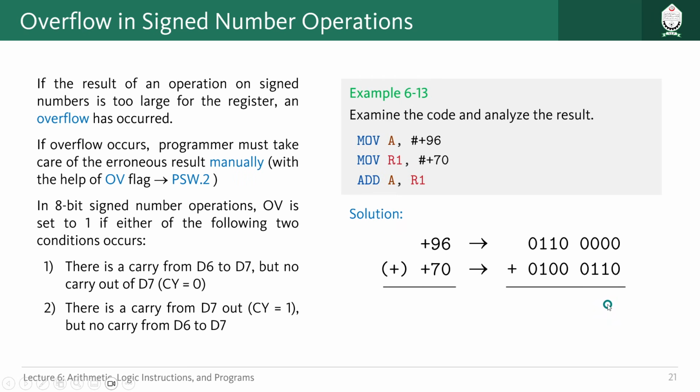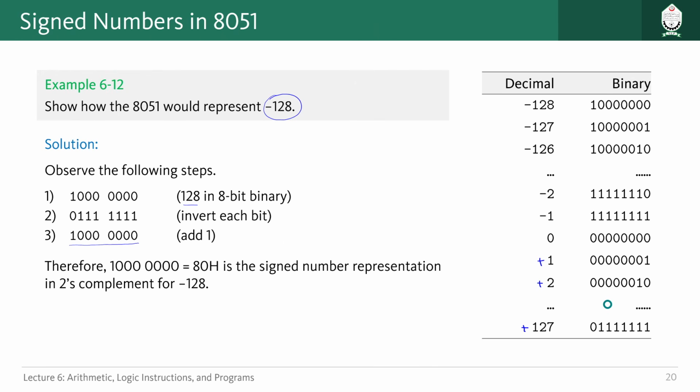Now let us look at what overflow is, and why we need it. Sometimes, whenever we are working with 8-bit signed arithmetic, after the calculation our result can go beyond the range we have. For 8-bit arithmetic, the range is from -128 to +127.